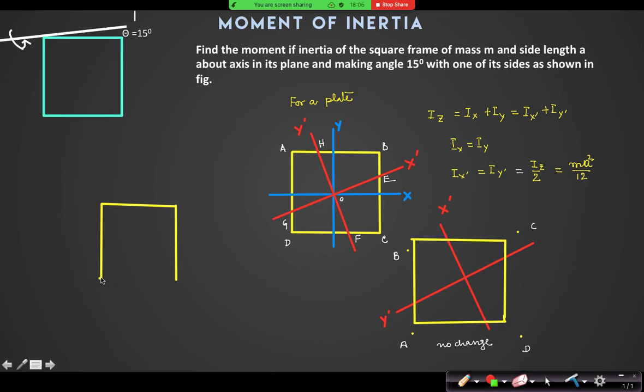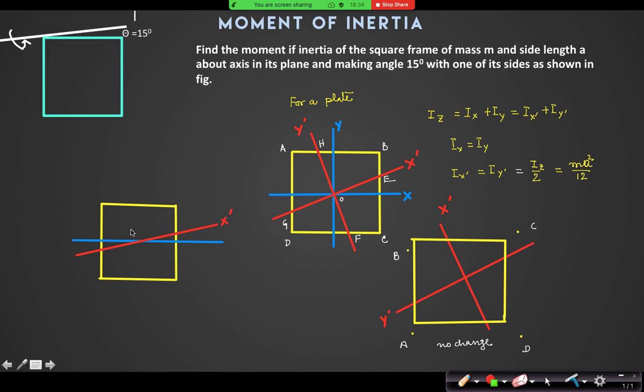Suppose this one is my x-axis, and this is my x prime axis, which I have tilted slightly by an angle of 15 degrees.